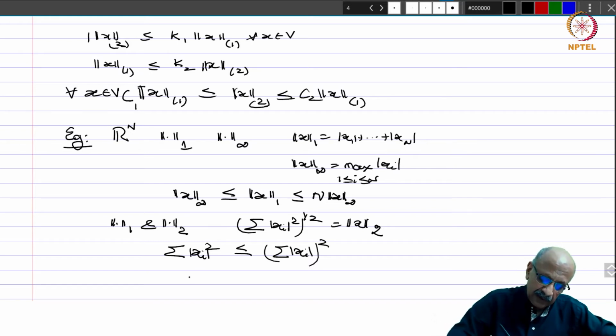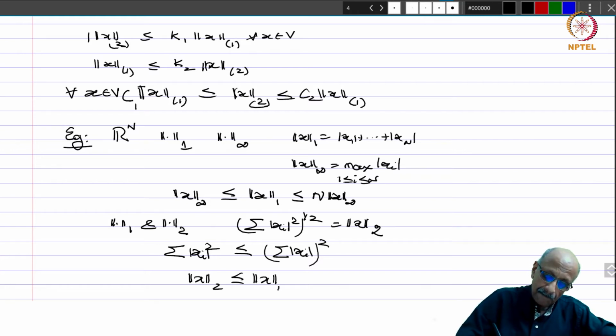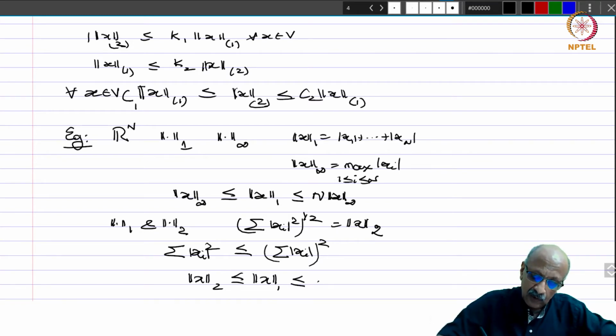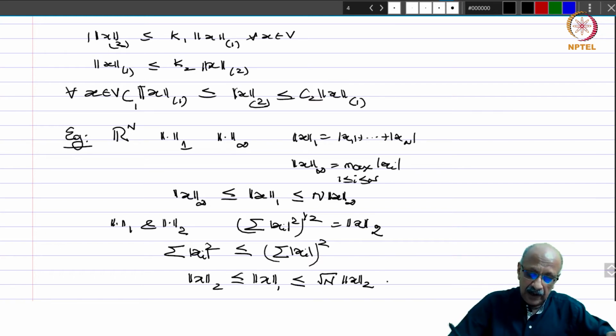Therefore, from this it immediately follows that norm x2 is less than or equal to norm x1. But for norm x1 you apply the Cauchy-Schwarz inequality, so this will be less than or equal to root n times norm x2. So these two norms are also equivalent. So norm x1, norm x infinity and norm x2 are all equivalent norms, because equivalence is of course a transitive condition.